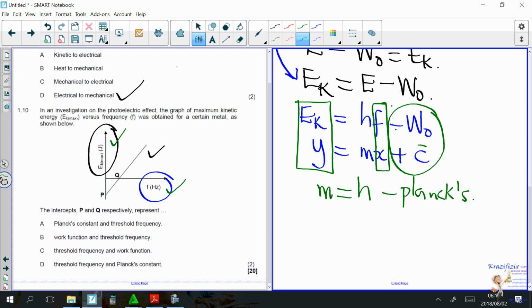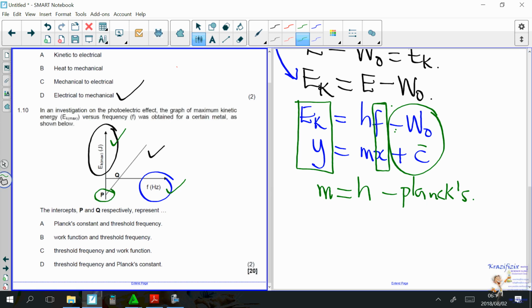And you would see here it's a negative y-intercept. So let's come back here. This is my y-intercept. It's a negative work function. Are we there? All right. And this one now, I'm talking about frequency. But this one now becomes my threshold because it's frequency. Threshold because that's what's on my x. Threshold frequency.